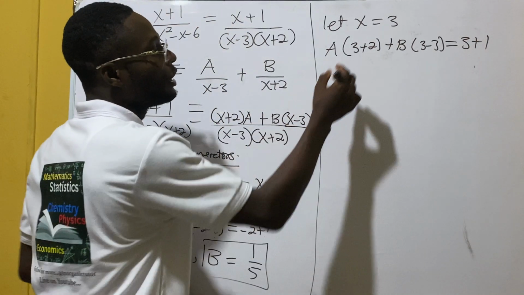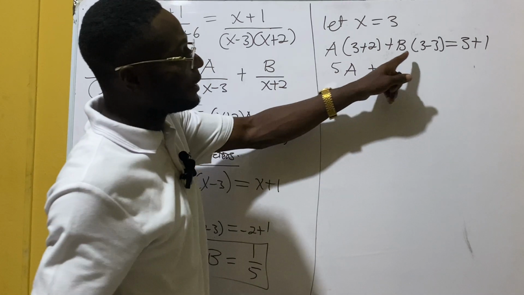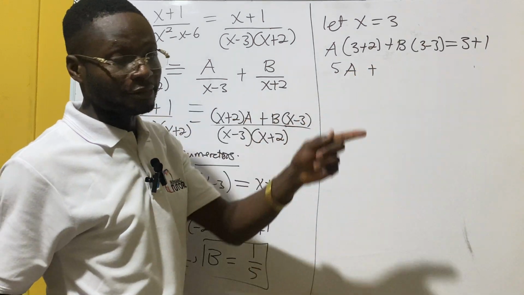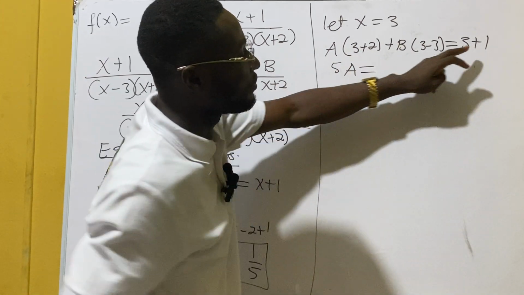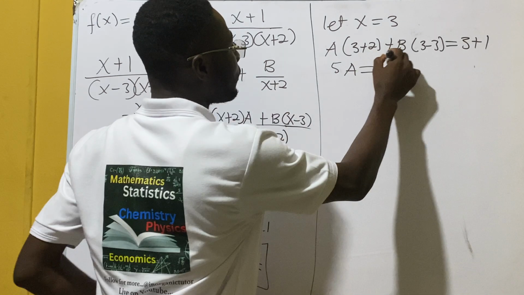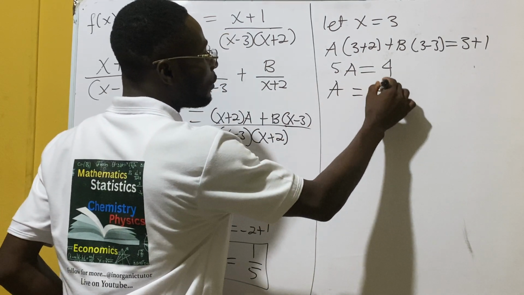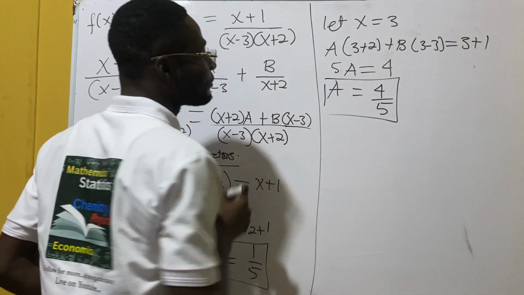So from here, we have 5A plus, this goes off because 3 minus 3 becomes 0, 0 times B becomes 0, so this part goes off. That should be equal to 3 plus 1 becomes 4, right? So we have our A to be equal to 4 on 5, right? So this is our A.